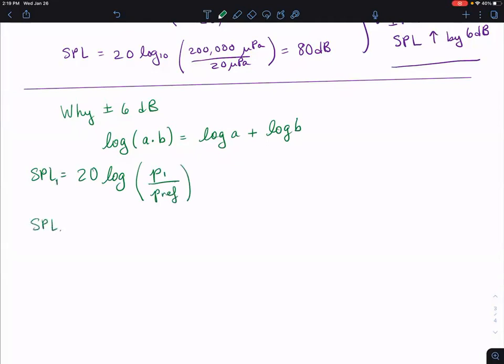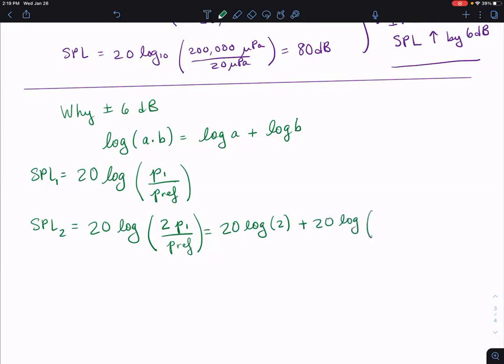And now if SPL2 is where my pressure is twice as much because I've halved the distance, then that would be 20 times log of 2 plus 20 times log of P1 divided by Pref, based on this property of logarithms right here.